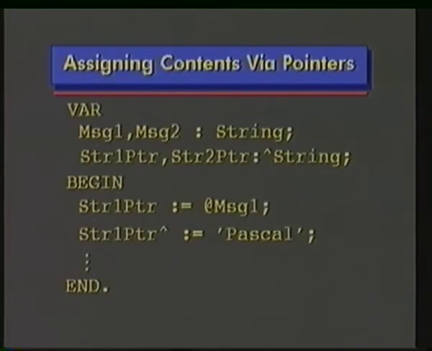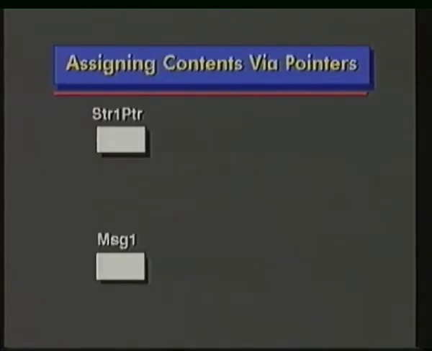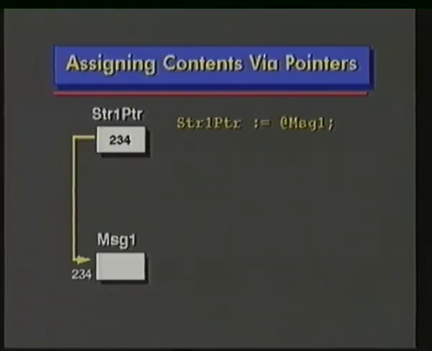We can also use pointer variables to assign contents to the location that the pointers point to. In this example, the pointer variable is initialized to the address of a string variable called message. Then, the pointer variable is used to place a string in the memory reserved for the string, which is located at that address.